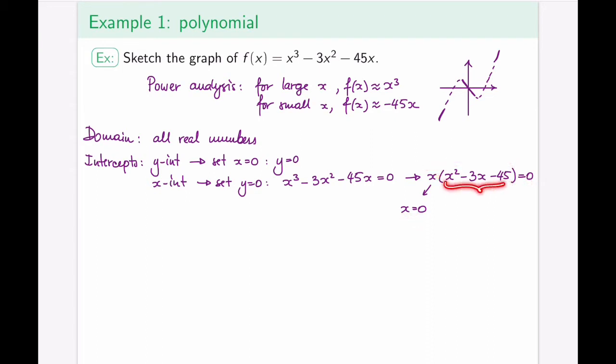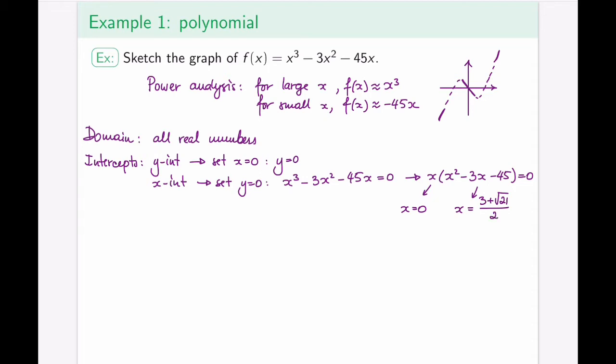Now, setting the second thing to 0, we can see that what we have for ourselves here is a quadratic equation. And quadratic equations, of course, we certainly know how to solve. You can try to find the two factors here, but in this case, you actually have to use the quadratic formula because the roots are not very beautiful and very carefully constructed integers. So the roots in this case are going to be 3 plus or minus square root of 21 divided by 2.